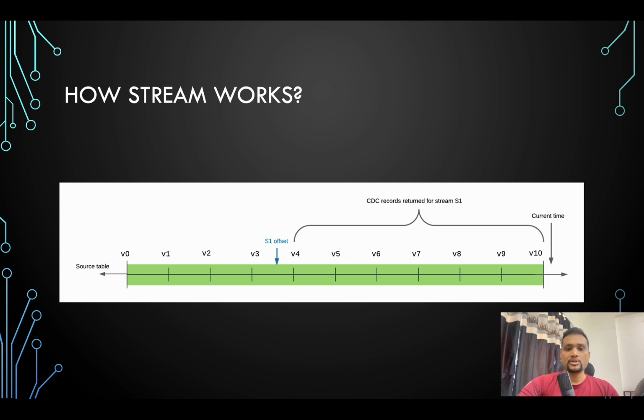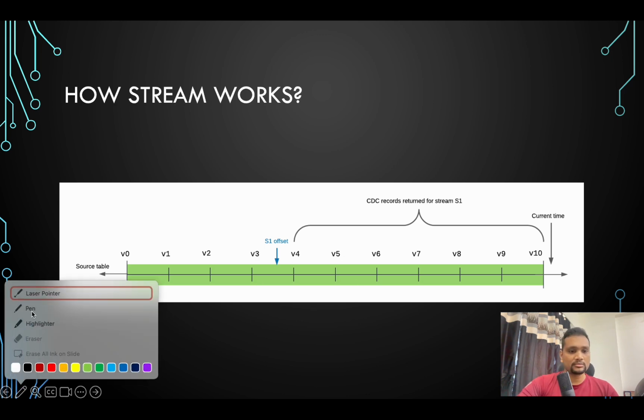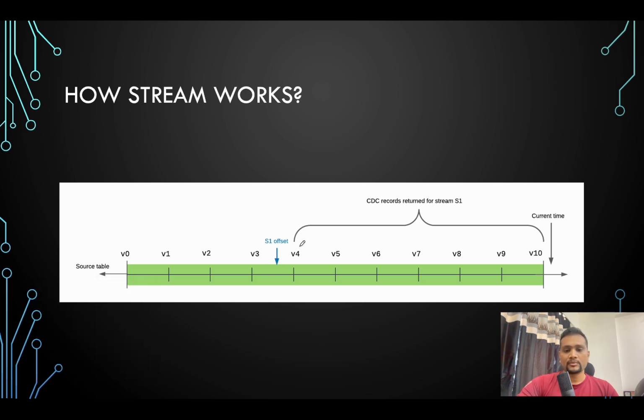As you can see here, this is V4, and it keeps adding versions V5, V6, V7, V8 and V10. Until V10 you have not consumed that stream, and that's why it is showing this whole timeline which is captured by that stream.